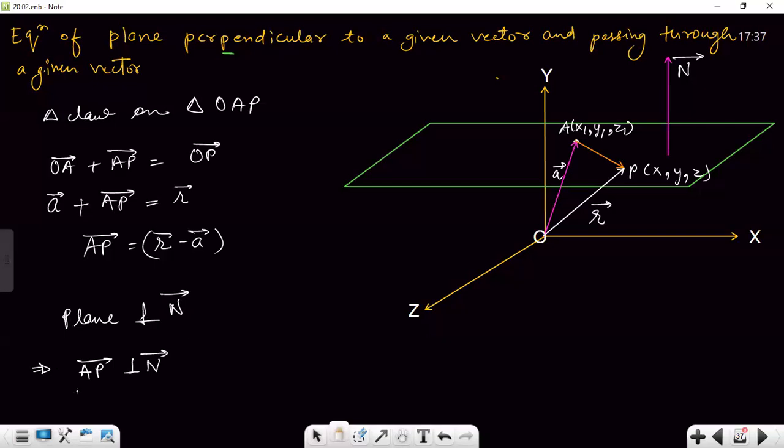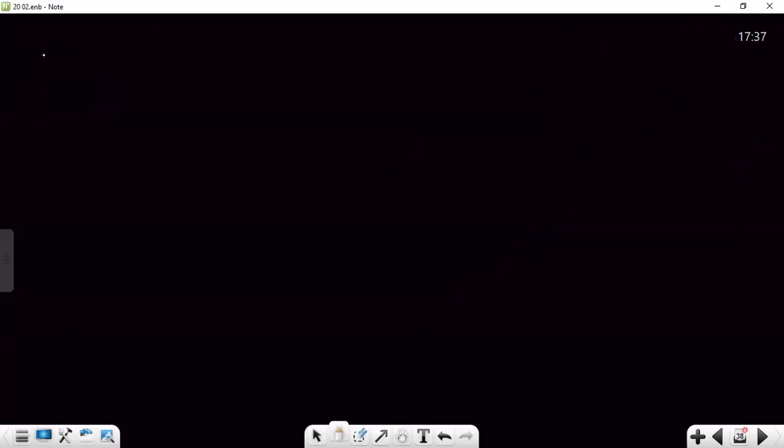Hence we can write that the dot product of the two vectors will be 0. Only calculation is left. AP vector is r vector minus A vector, so r vector minus A vector dot n equals 0.